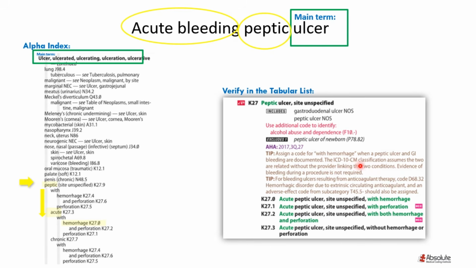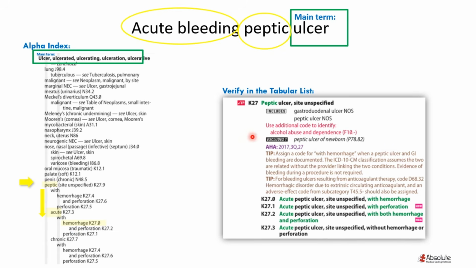The ICD-10-CM classification assumes that the two are related without the provider linking the two conditions. Evidence of bleeding during a procedure is not required. And then there's another tip for bleeding ulcers resulting from anticoagulant therapy, and that's not our situation. But this tip tells us that when you have bleeding, you code it to hemorrhaging.